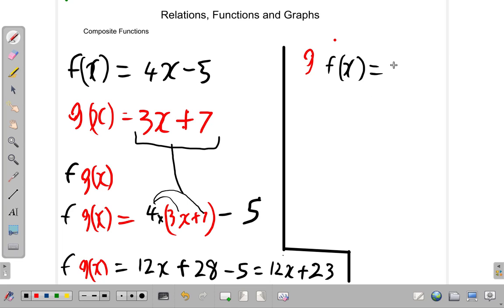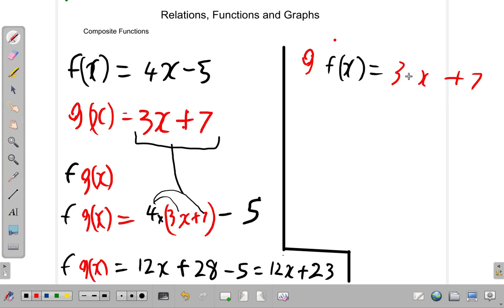Now g f of x is going to be, first of all, what we have here is g of something. It is g of f of x. Now our g of x was 3x plus 7.